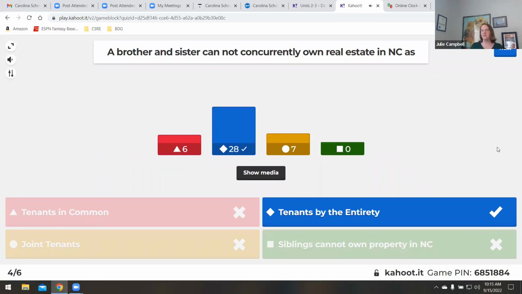Who is tenants by the entirety set aside for? Married people. And in North Carolina, brother and sister can't be married. So they can never be tenants by the entirety. If brother and sister want to buy a house, they have to do it as joint tenants or tenants in common. Tenants by the entirety is only for married people. Questions on this one?